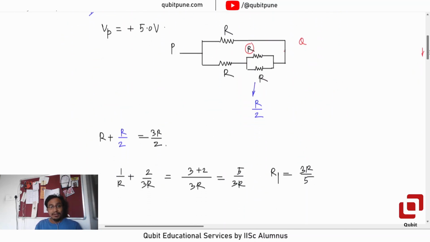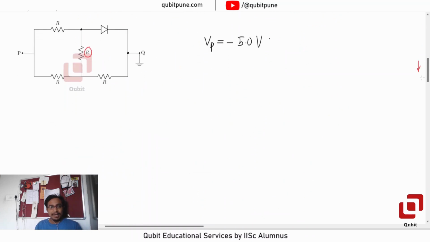To handle that situation, we start with the usual P. But now that diode has become reverse biased because its N side is at a higher potential than its P side.